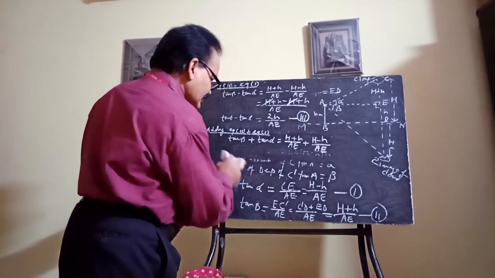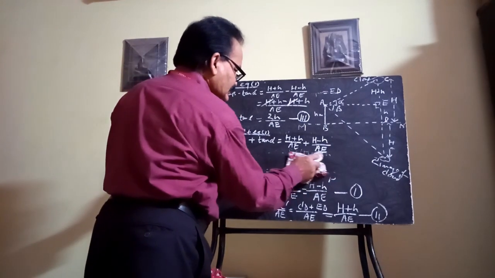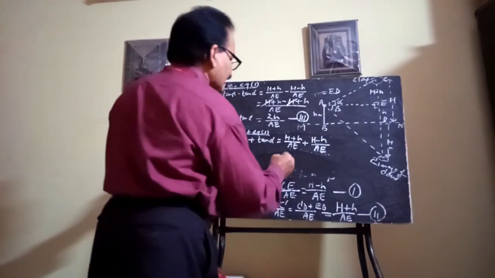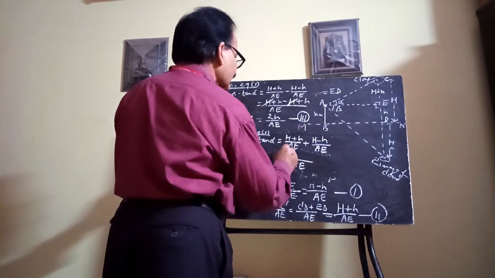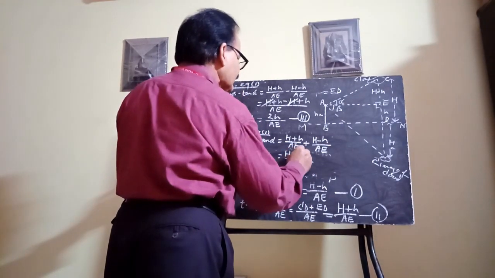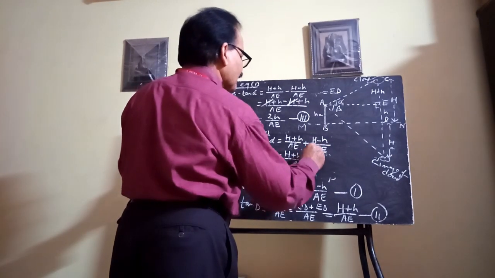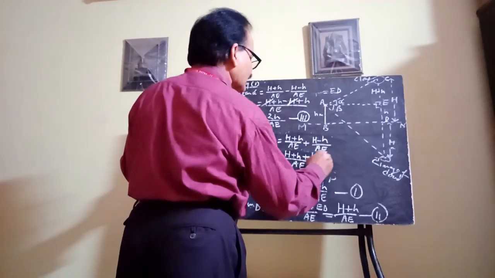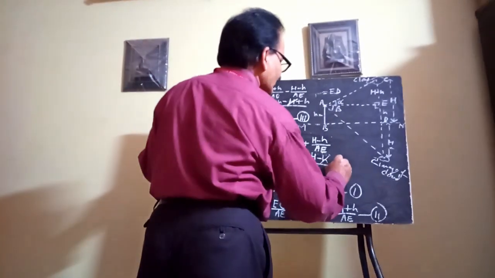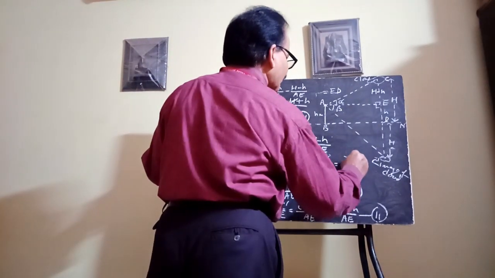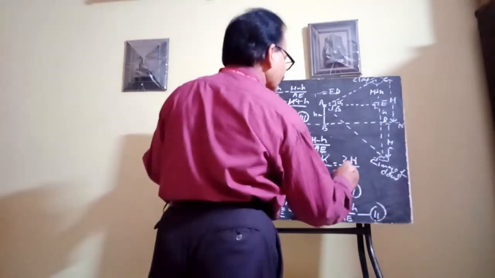So after this you just add, take LCM as AE, then capital H plus small h plus capital H minus small h. So here small h cancels. This will be your 2 capital H divided by AE.